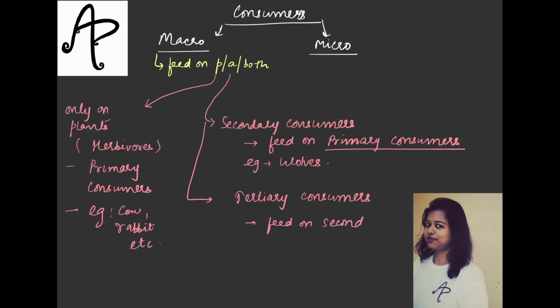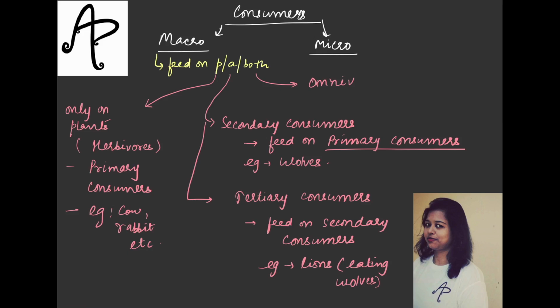एक chain चलती चली जाएगी. They will feed on the secondary consumers. Example, lions. Let's say lions, if they are eating the wolves. तो एक chain चलता चला गया, ठीक है. Then on the other hand, we also have those animals which will eat both plants or animals. So they are known as omnivores, जो कि दोनों खाएंगे.